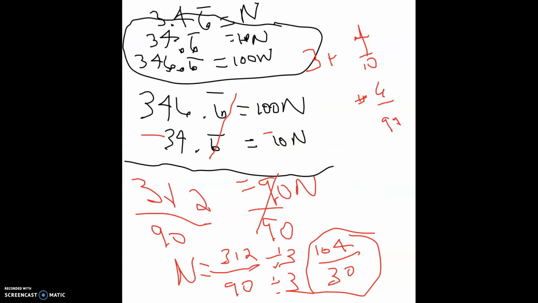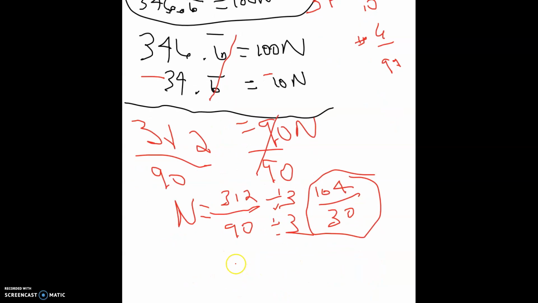But you can also use this nice little trick, I guess, and do kind of some scaling up and scaling down so that you can subtract and then get a fraction that works for you.